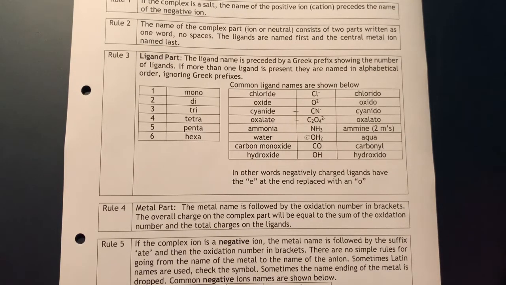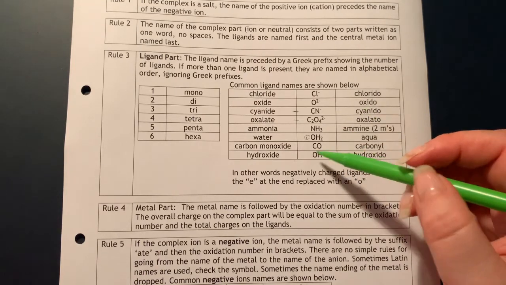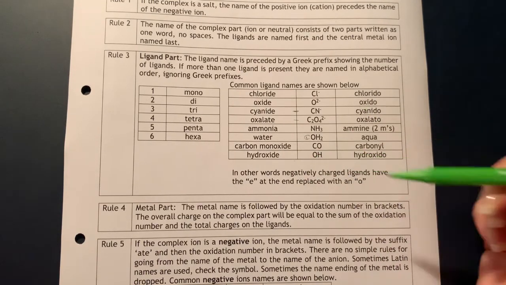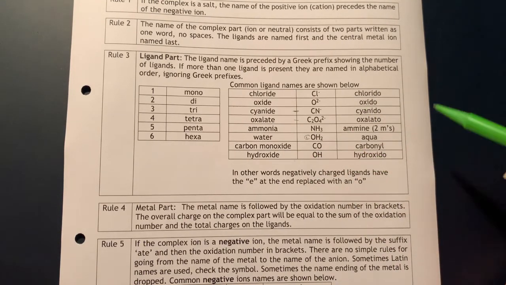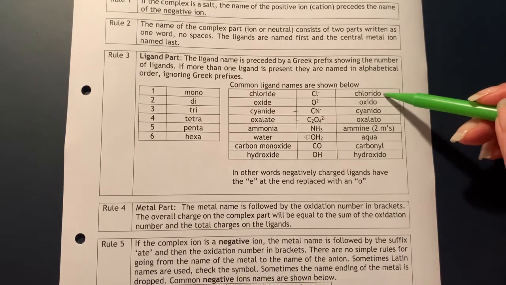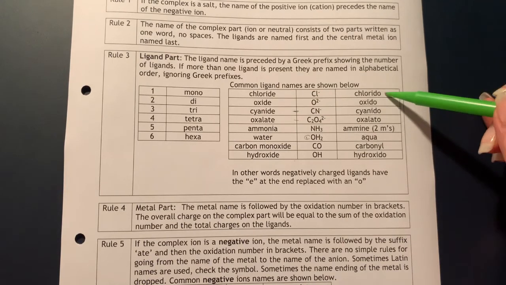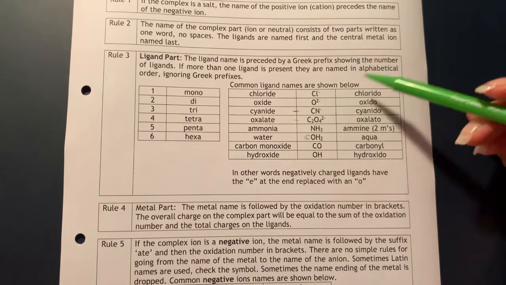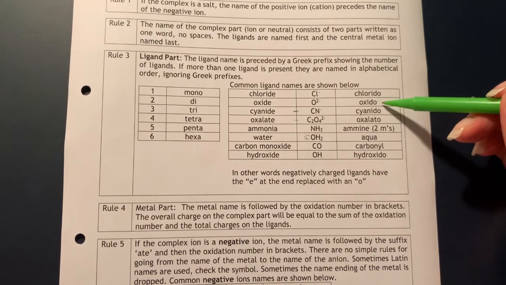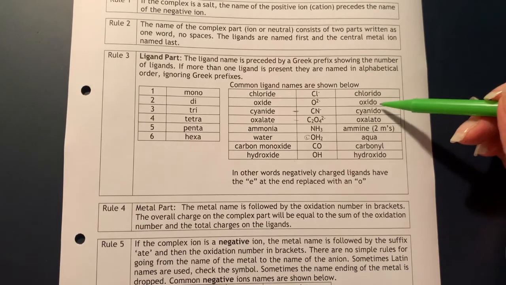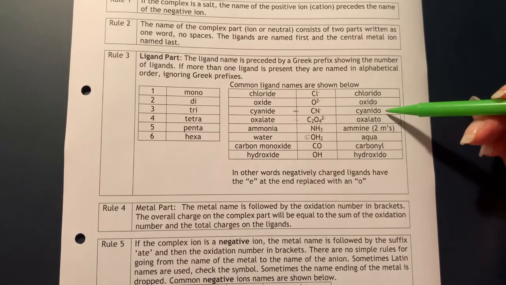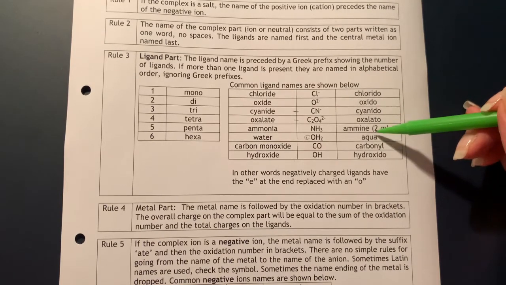Carbon monoxide is carbonyl, CO, and hydroxide is OH. This end sounds horrendous. So chloride becomes chlorido, and oxide becomes oxido, with cyanide becoming cyanido, and oxalato and ammine.